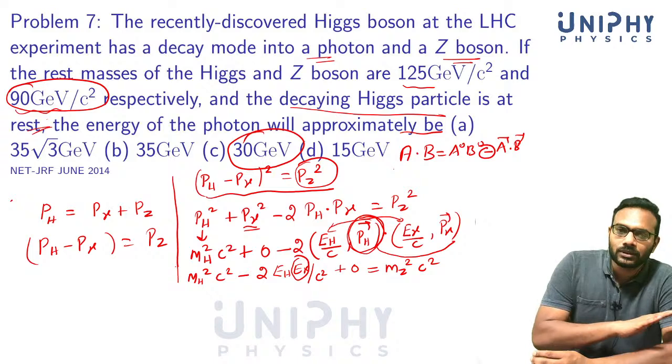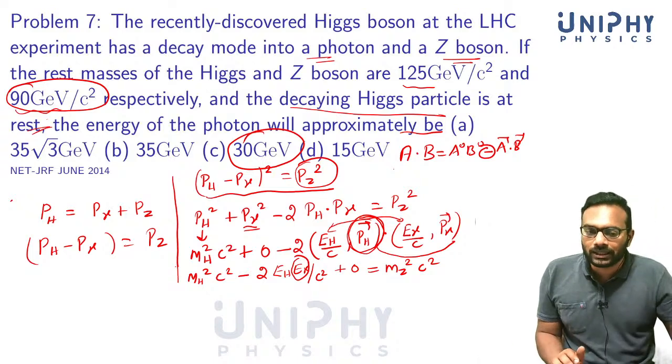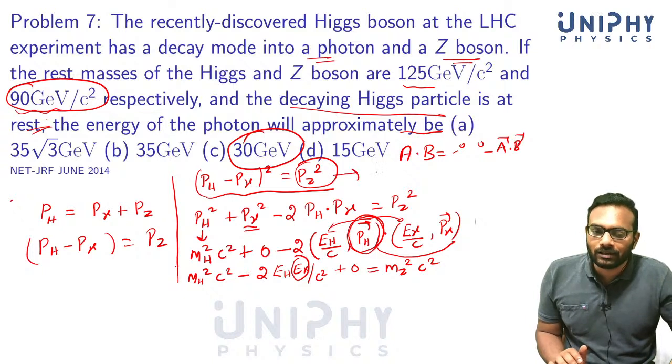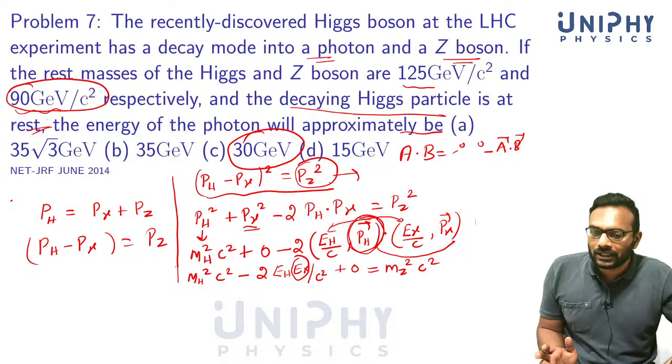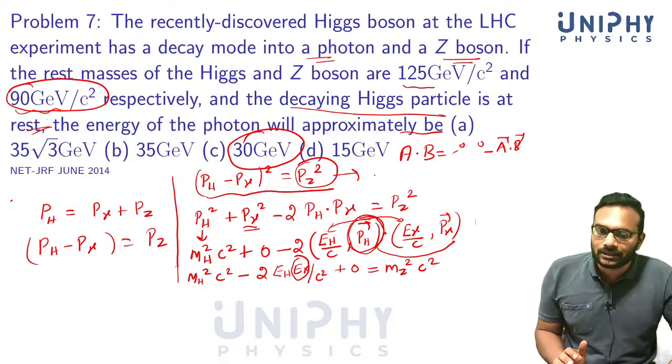So you have eliminated pz vector by squaring it on this right hand side. We don't know about this term pz vector. We have eliminated it because we have taken the 4 momentum square and then it is simply mz square c square. That's what we do.